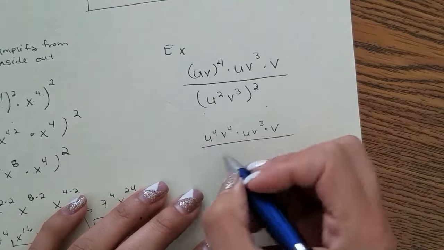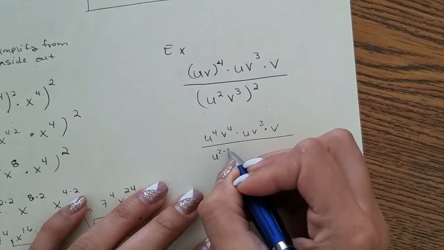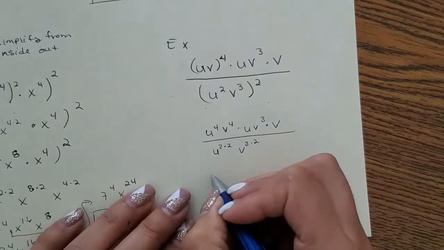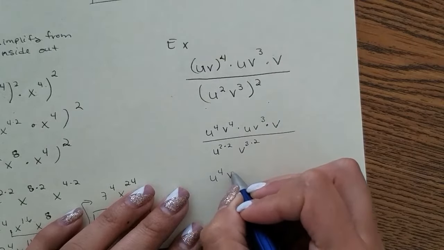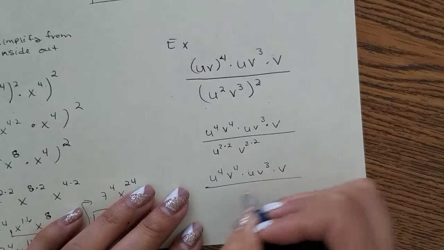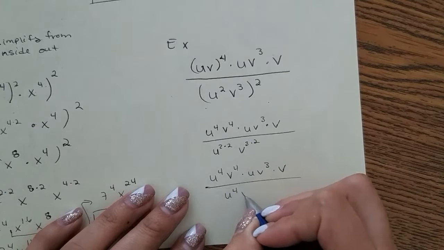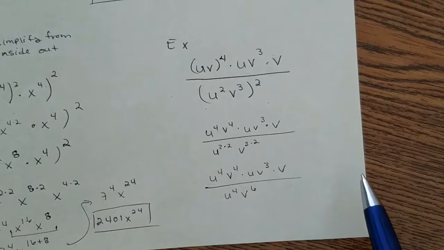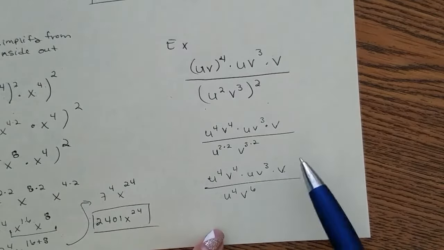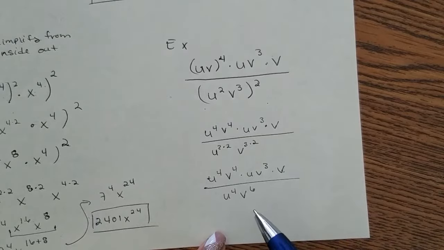And then I'm going to apply this here. So u squared times 2v cubed times that 2, which gives you u4v4 times uv cubed times v all over u4v6.